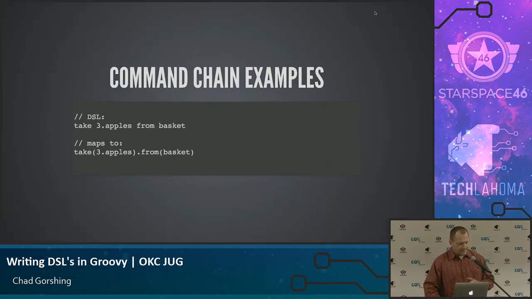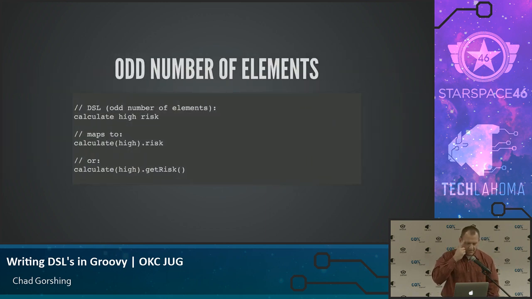So, again, on some of those command chains where I was showing, this gives a good visual on how they look, what your DSL could look like, and how that gets mapped to functions, dot notations, parameters, etc. So there's the DSL.